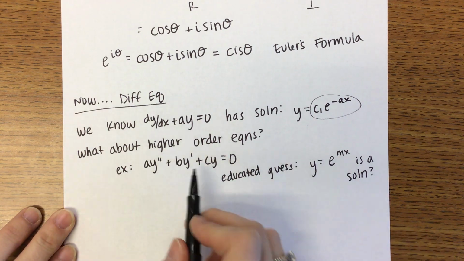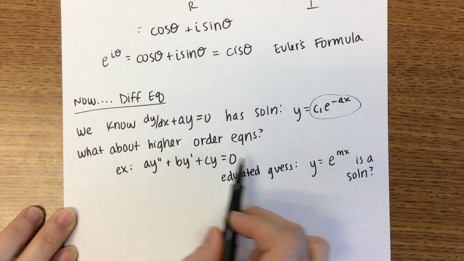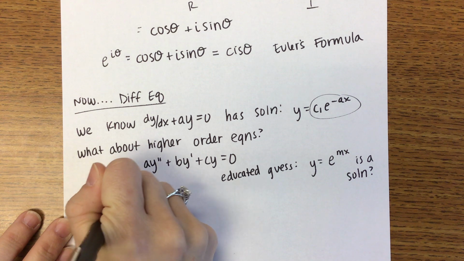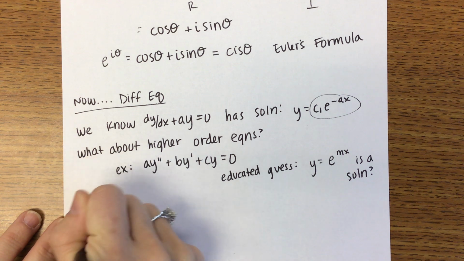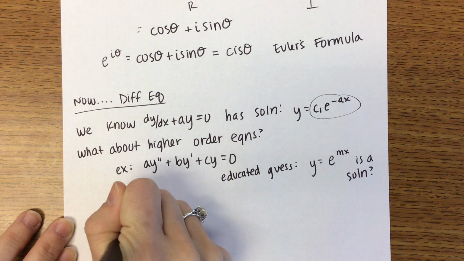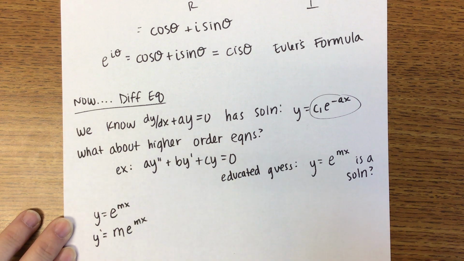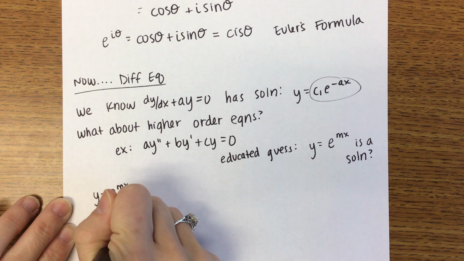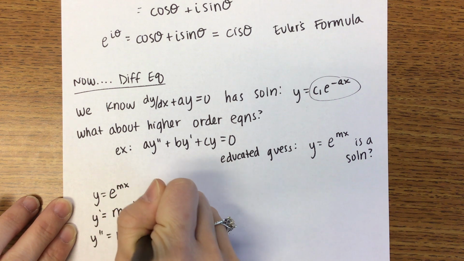We're going to find the first and second derivative, plug it into our equation, and see if this is in fact a solution. y is equal to e to the mx. y prime then is m e to the mx. y double prime is m squared e to the mx.